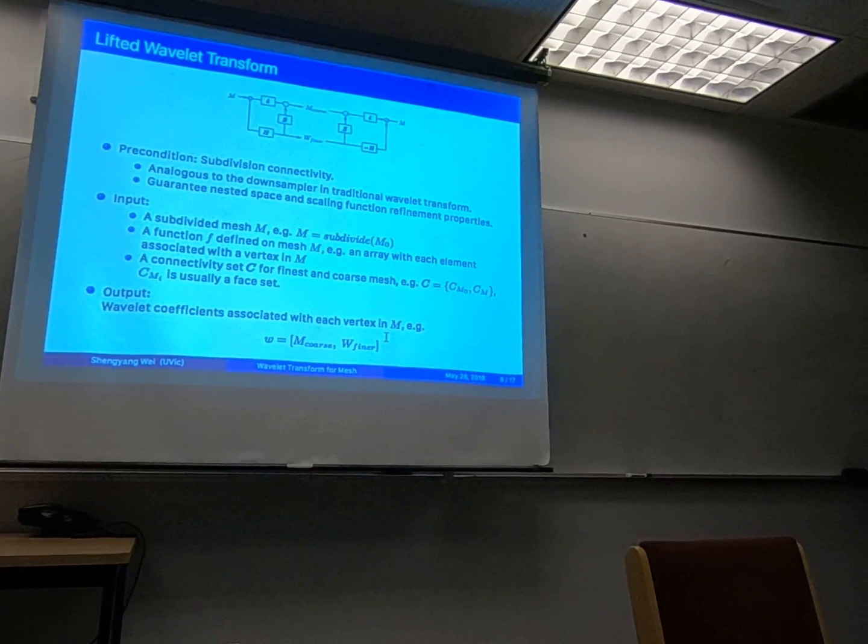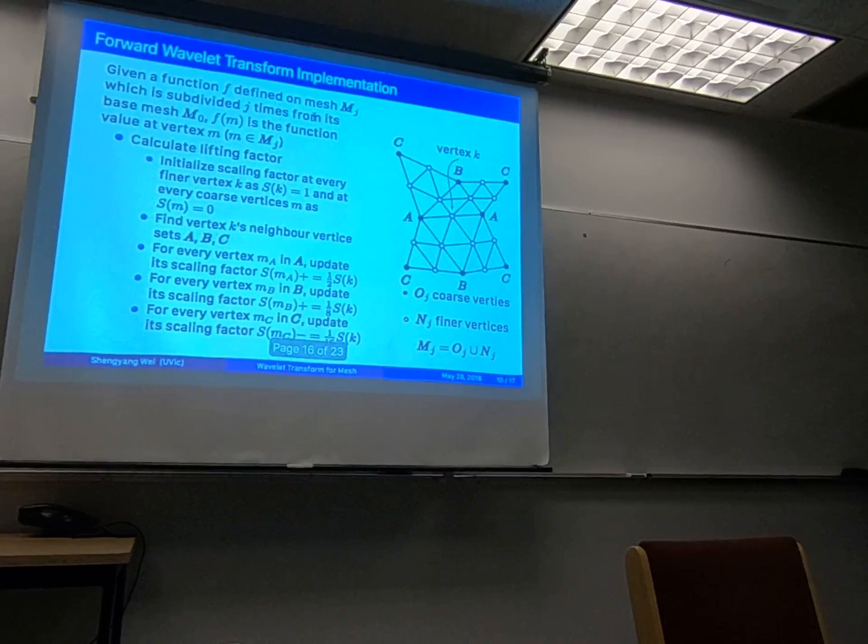Okay, until now, since the low-pass filter and the operator D are trivial, what we need to do is just implement the high-pass filter and the scaling factor. Okay. Let's see the implementation.